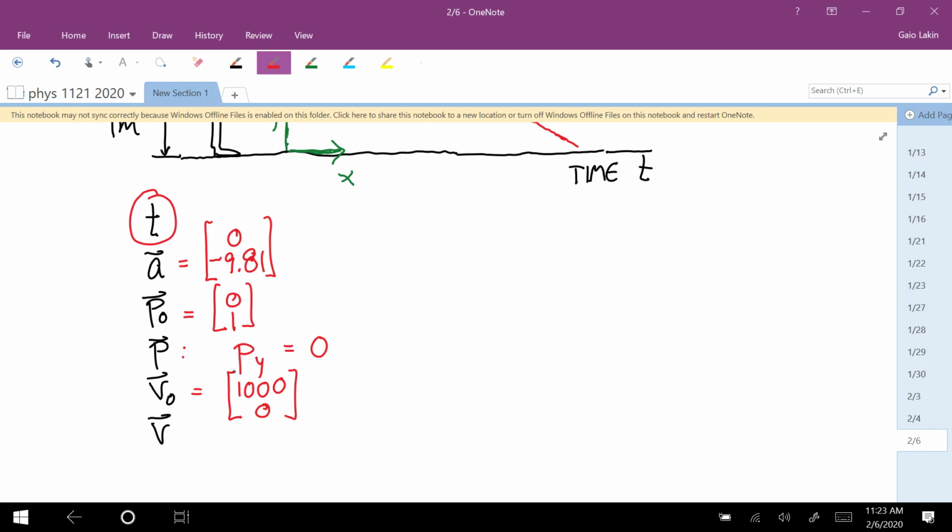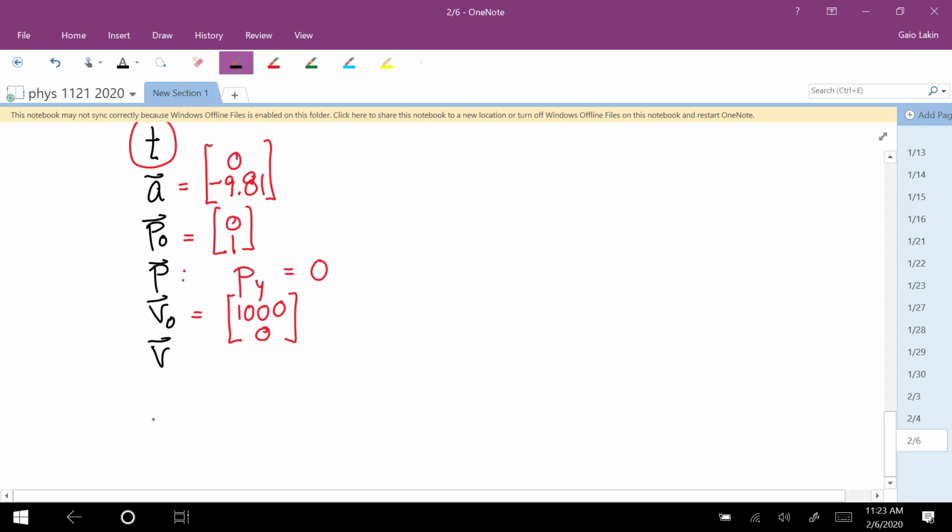So is there an equation that we can use with these that has t in it and everything else in it is listed here? The equation that's going to work is py is equal to p0y plus v0y t plus 1/2 ay t squared.